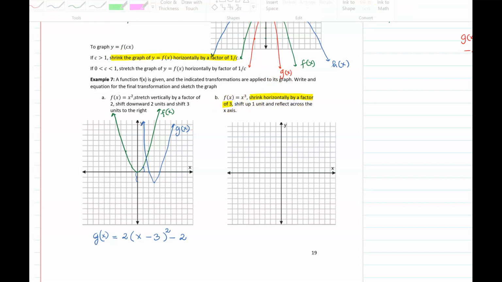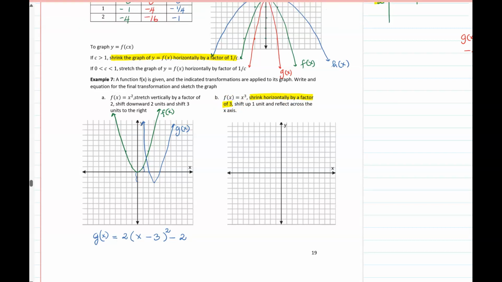So 1 over c equals 3. This means c equals 1/3. So then g of x starts with 1/3 x to the third, that's the first part.